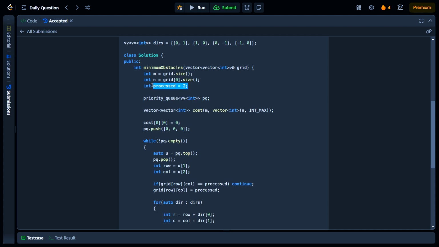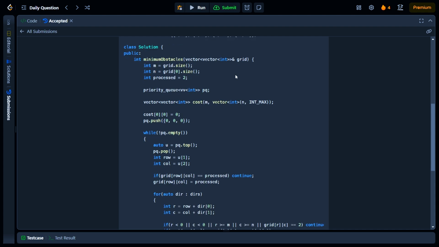I'll use the grid itself to mark the cells as processed instead of creating another processed grid. So in our grid, we originally have 0 for empty cells, 1 for obstacles, and now I have 2 to mark this cell as processed.